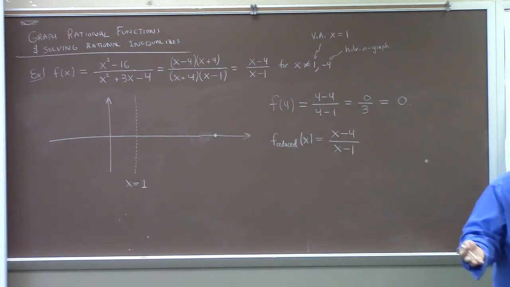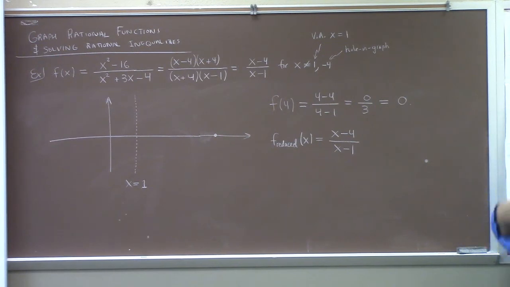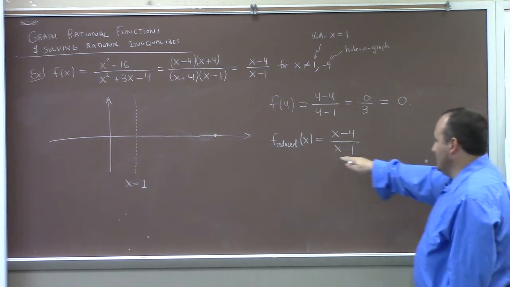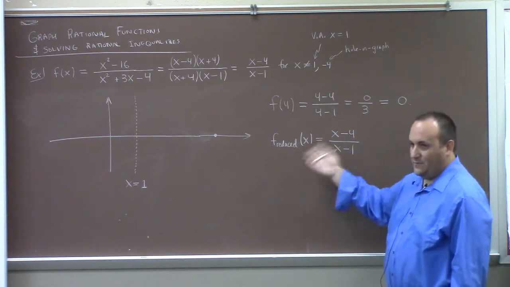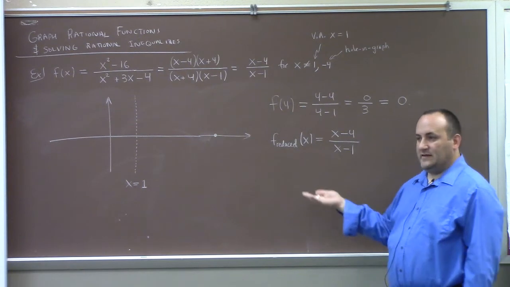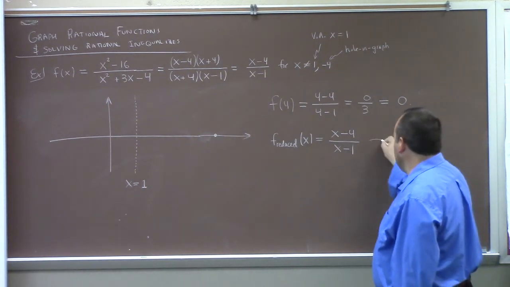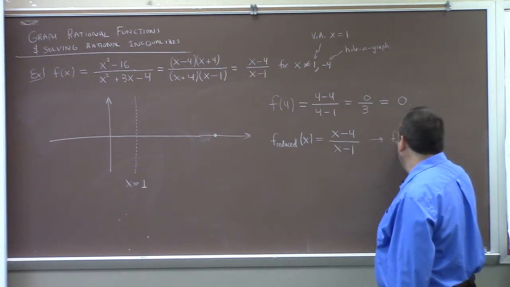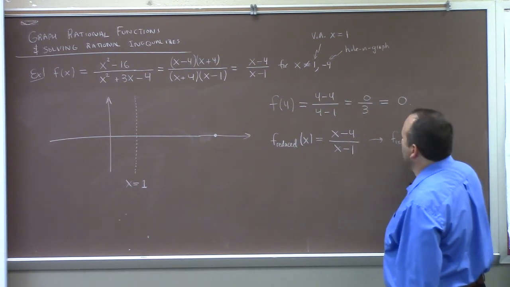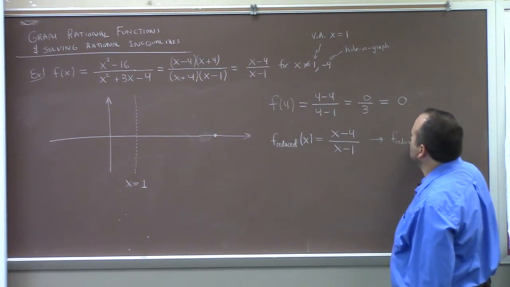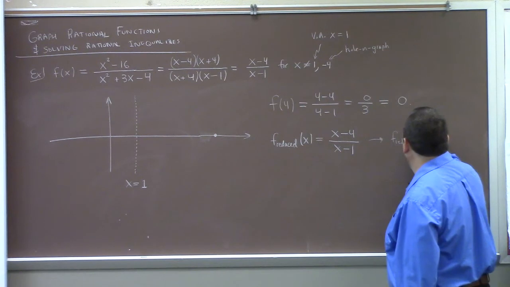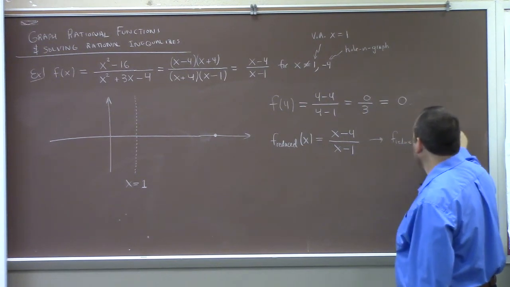So it's not the function, but it's what would be the function if you could just ignore those factors and fill in the holes. Basically, this is the actual graph we're interested in with the holes filled in. So that's kind of cool because you can look at the reduced function and plug in the value for the hole, which is what? Negative 4, right? And that will tell me where the hole is.